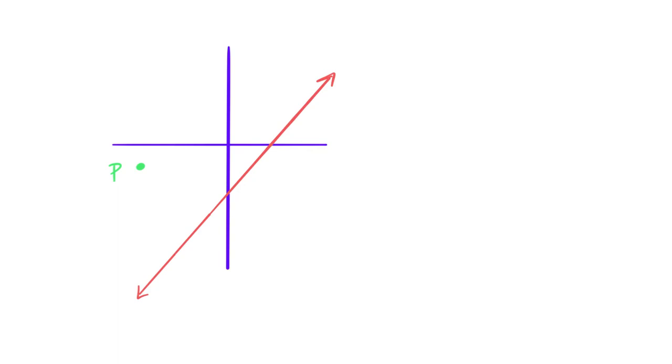And if I was to ask you now, how far is point P to that line, I hope that you could see there are a lot of different lines that you could draw on. That is, you could sit and say, well, how far is it from point P to that line?